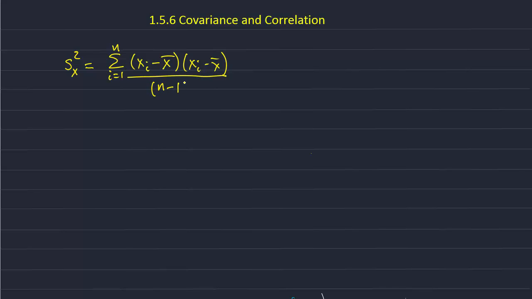And the 1 is for the one derived quantity, which is the mean.